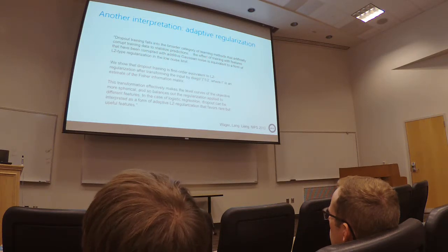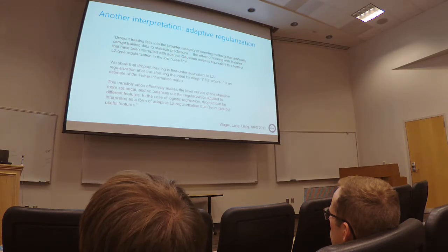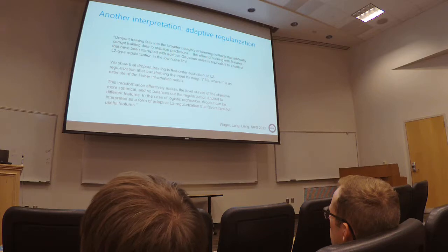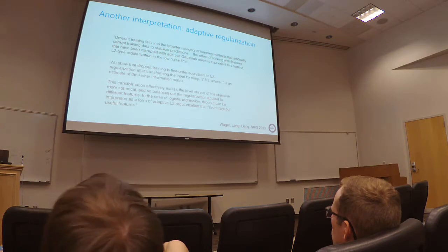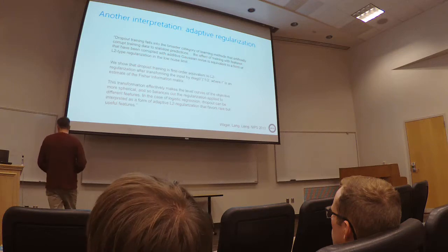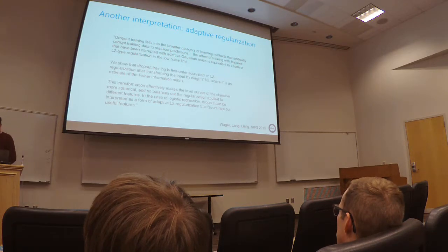We show that dropout training is first order equivalent to L2 regularization after transforming the input by diag(I hat)^(-1/2), where I hat is an estimate of the Fisher information matrix. This transformation effectively makes the level curves of the objective more spherical and so balances out the regularization applied to different features. In the case of logistic regression, dropout can be interpreted as a form of adaptive L2 regularization that favors rare but useful features."